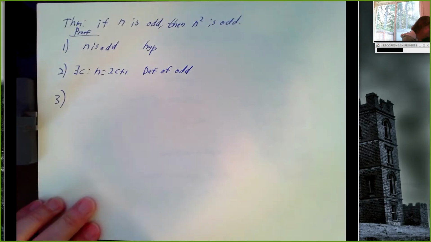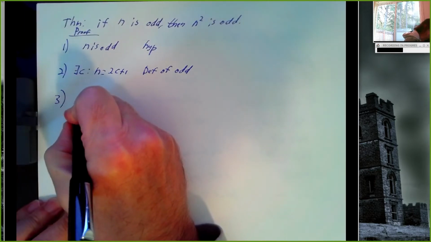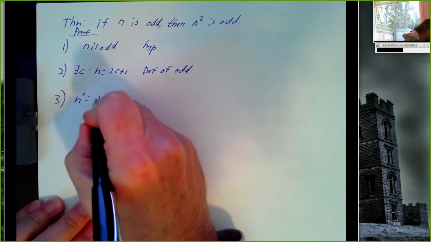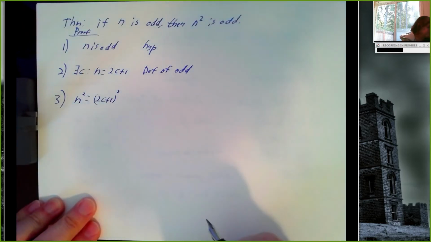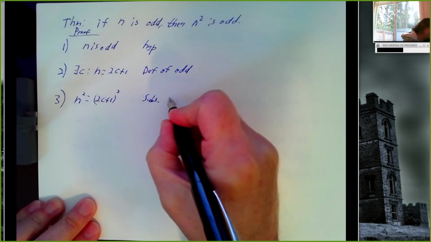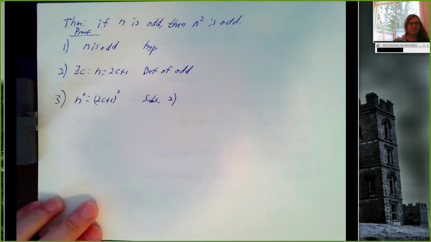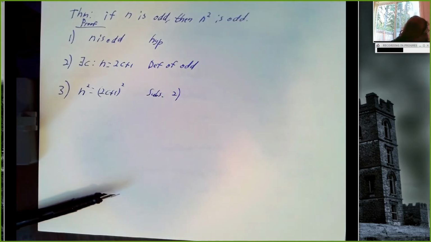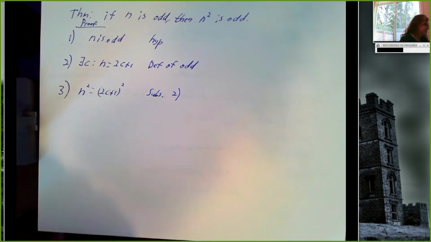Nice. So I'm going to write n squared equals (2c plus 1) squared. And that's just substitution using our value of n from step 2. All right, well good. Now we've got something more to work with. So let's go ahead and expand this.